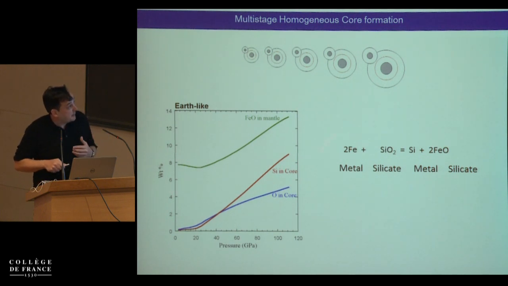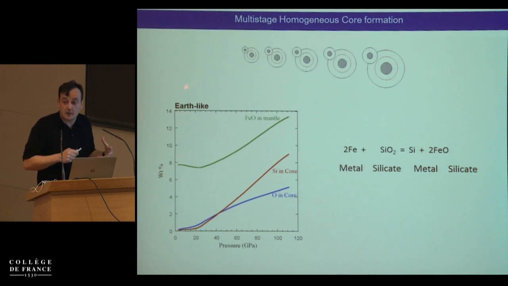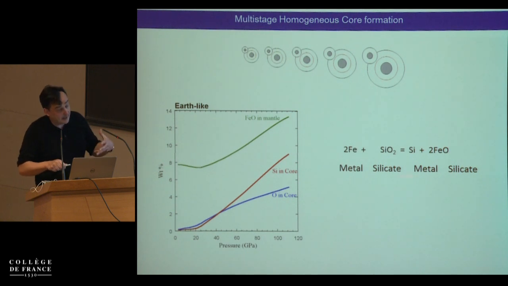And this is very important because when silicon goes into the Earth's core, it releases FeO that goes into the mantle. So that raises the oxygen fugacity of the mantle. So putting silicon into the core raises the oxygen fugacity. By tracking this mass balance, we get some idea about how the oxygen fugacity evolves and how the iron oxide concentration of the mantle evolves.